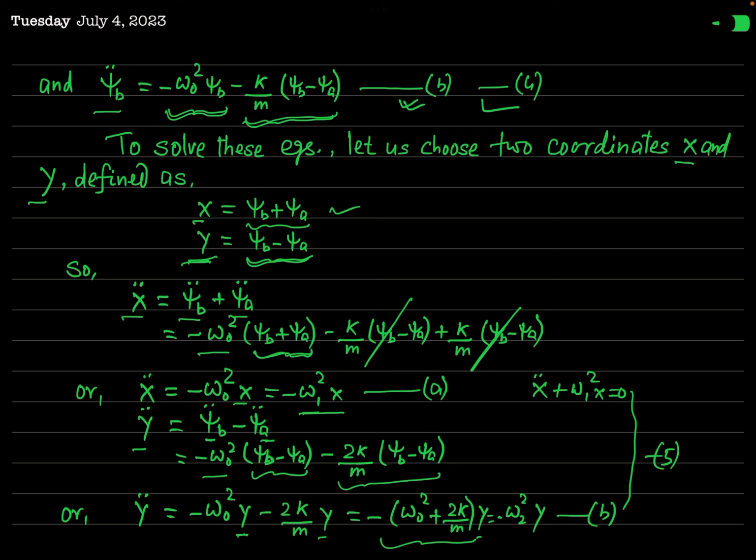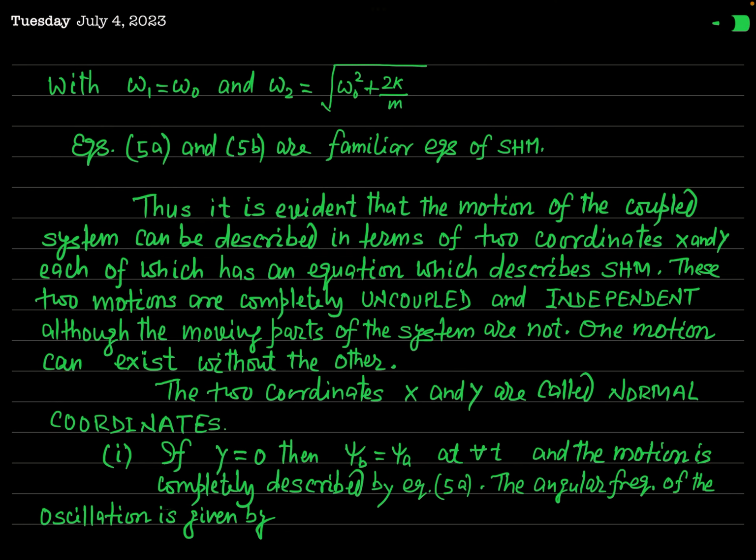And what is omega 2? Omega 2 will be equal to the square root of omega naught square plus 2k by m. So omega 1 has been written instead of omega naught, and omega 2 is equal to the square root of omega naught square plus 2k by m.